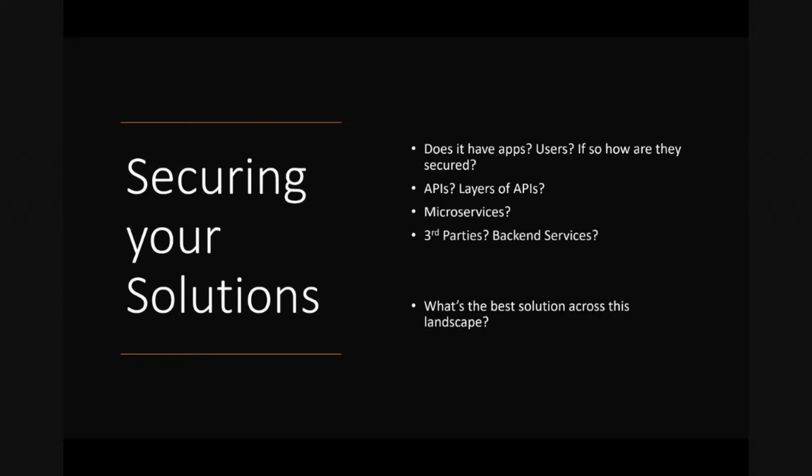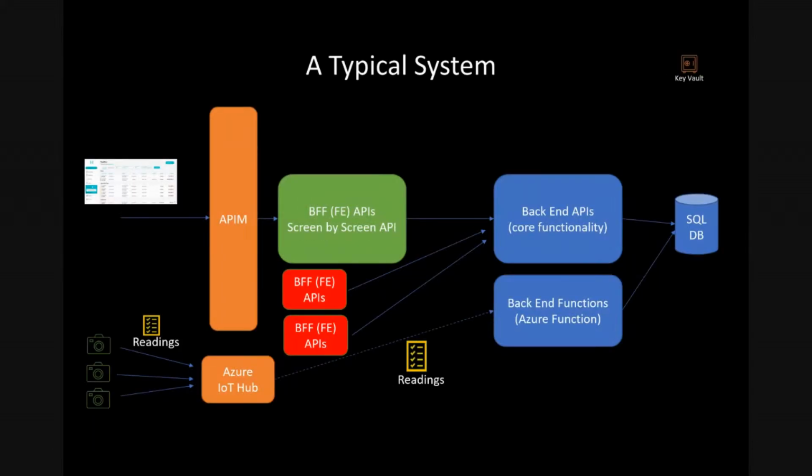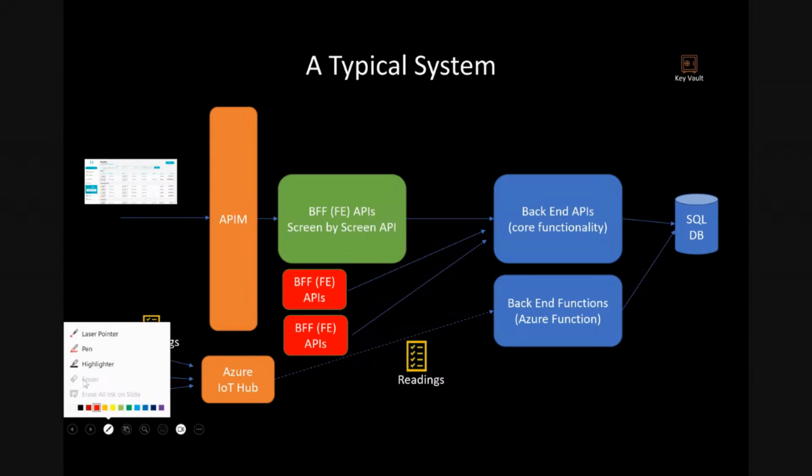So if we have a look at just a typical system here, I'll explain from left to right. This is pretty much what I've been talking about. Over on the left-hand side, we have a web page, just up in here.